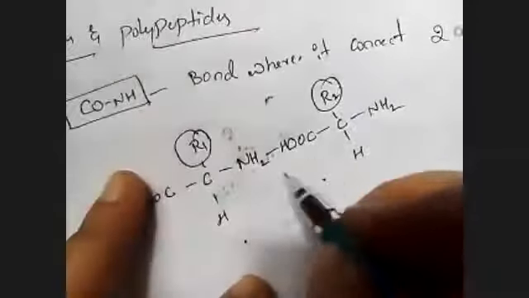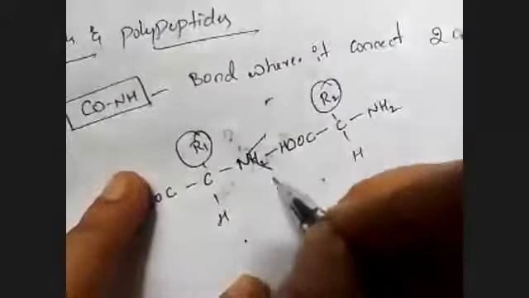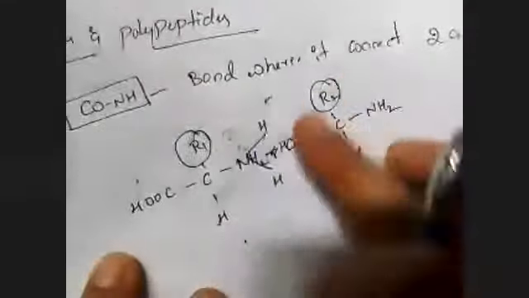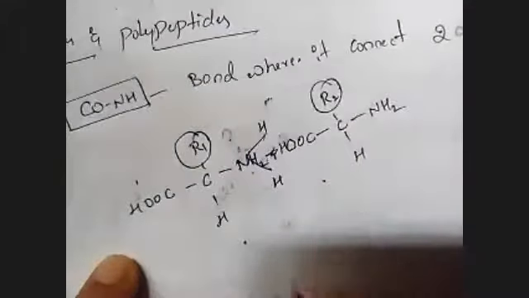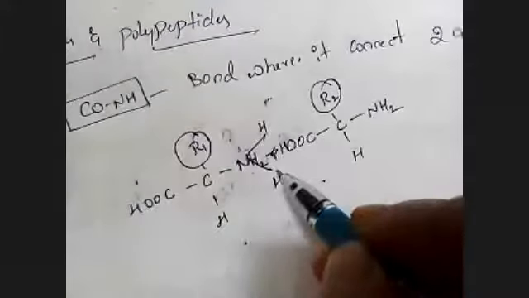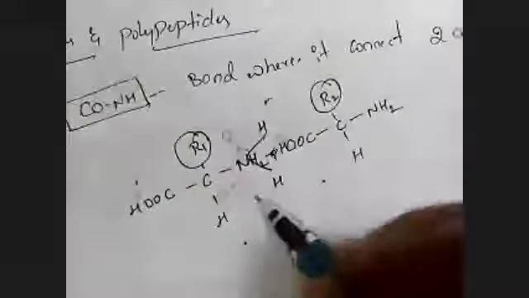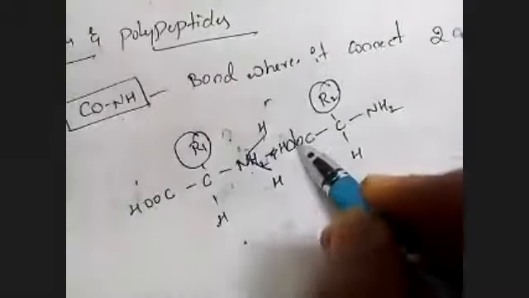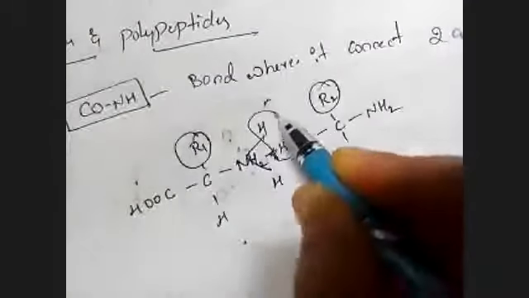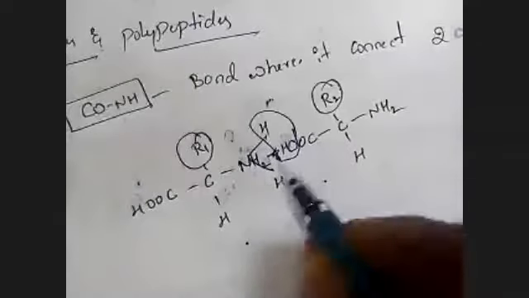I'll just split the H2 like this. This is R1, the first amino acid, and this is the second amino acid. What it will do is make a connection between CO and NH. From the OH will be removed, and from NH, H will be removed, and it will form H2O, and it will become like this.